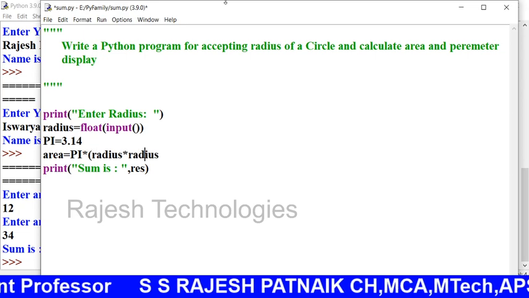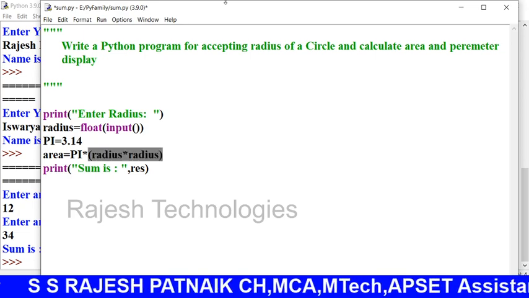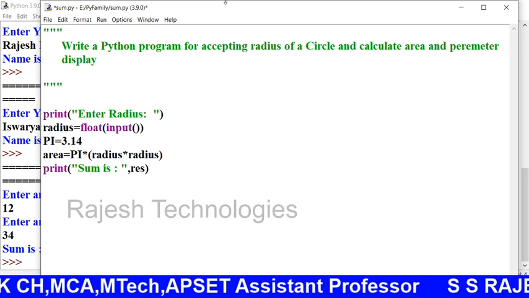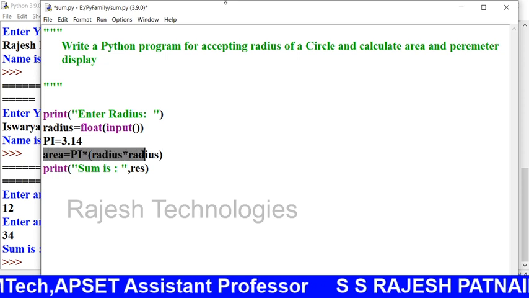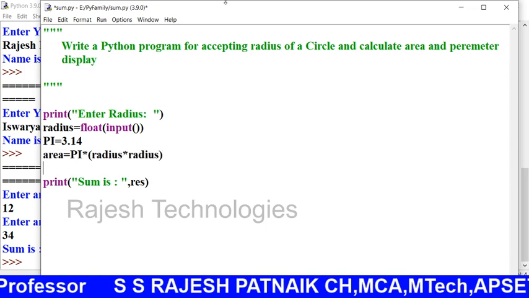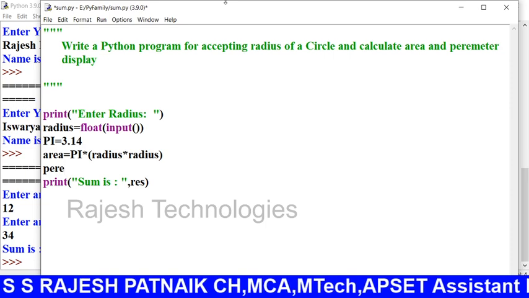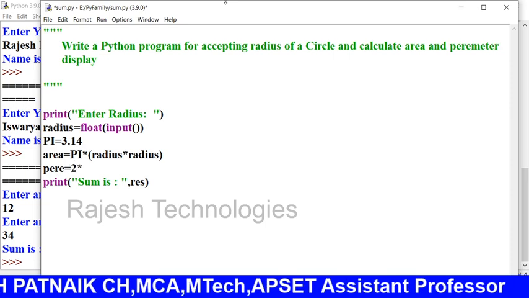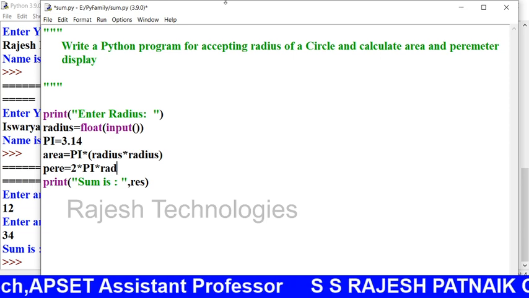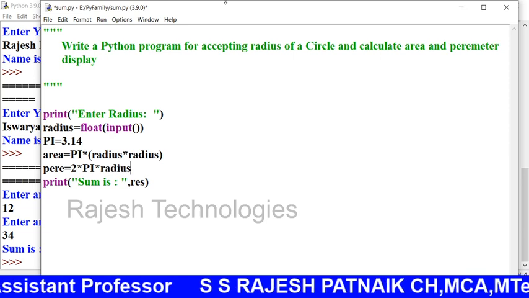Radius into radius. Pi r square I assigned to area. Similarly, perimeter. Perimeter is pi r square or 2 pi r? Perimeter is 2 pi r, 2 into pi into radius, 2 pi r.